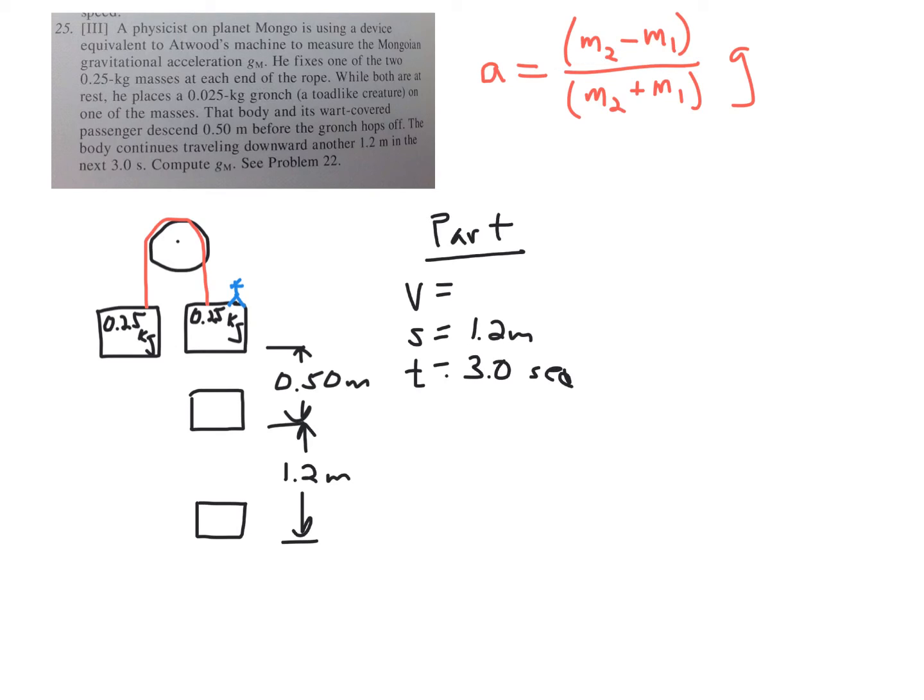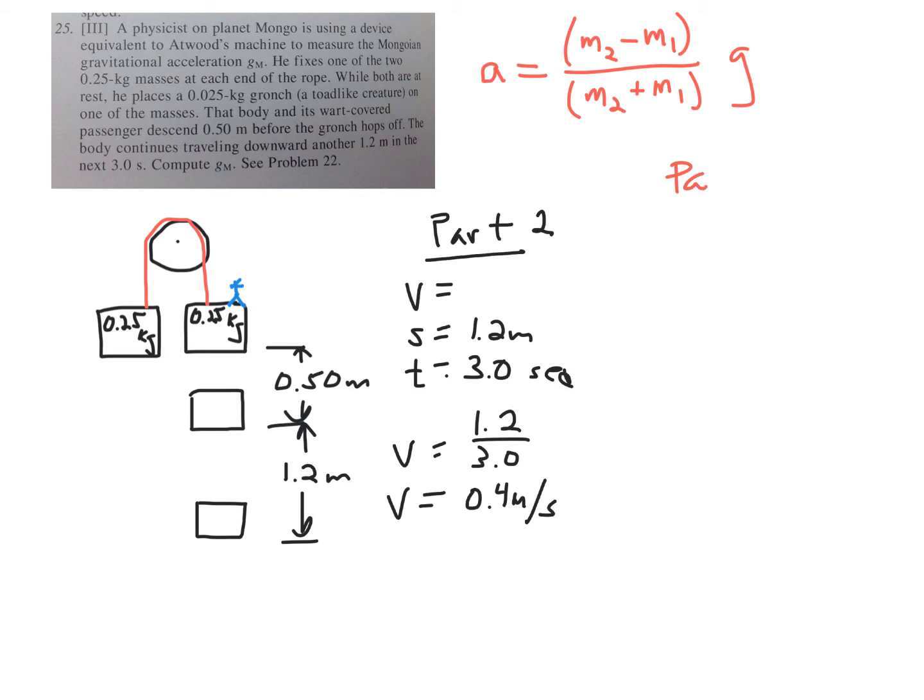So we know v equals 1.2 divided by 3.0. So v during that constant velocity part is 0.4 meters per second. That's the constant velocity. Well, then that must have been the final velocity before the little toad jumped off. So that was part 2. But part 1 now, kind of playing this backwards, let me switch to red.